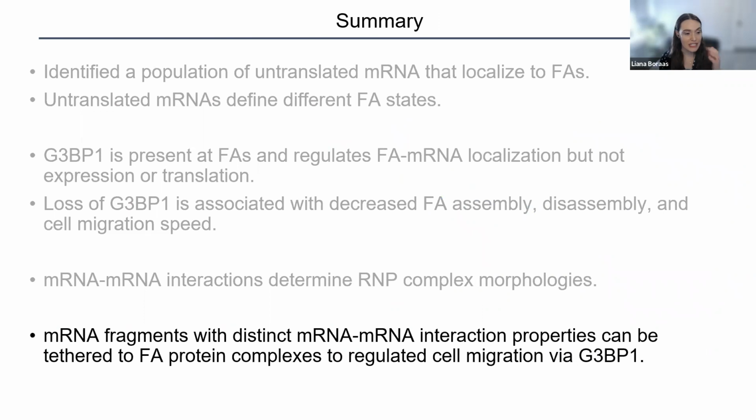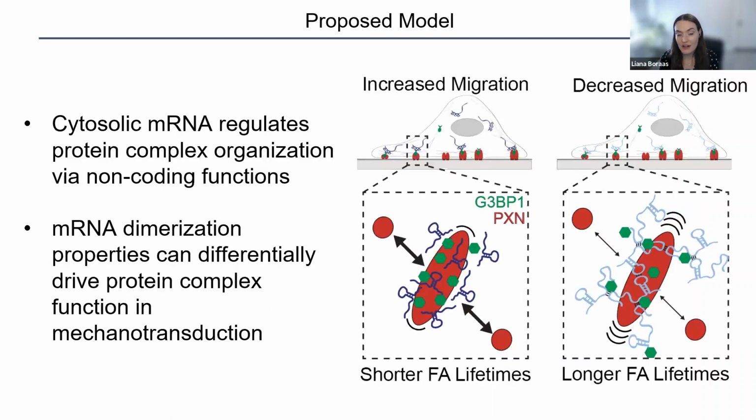So to put everything together, these mRNA fragments with distinct RNA-RNA interaction properties can be tethered to different focal adhesions to regulate cell migration. And that, of course, as I showed, is dependent on G3BP1. Our proposed model at the moment is that essentially cytosolic mRNA regulates protein complex organization in a non-coding function.